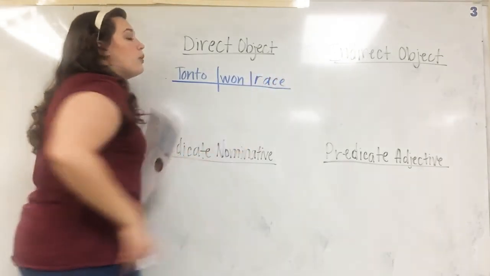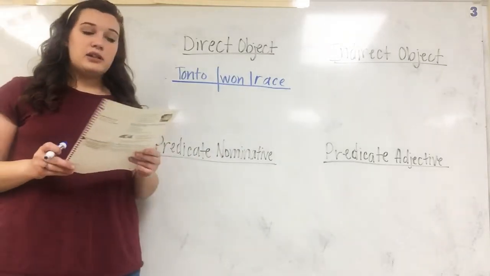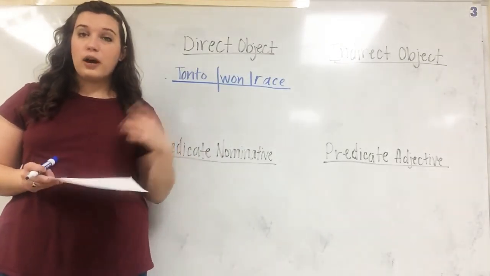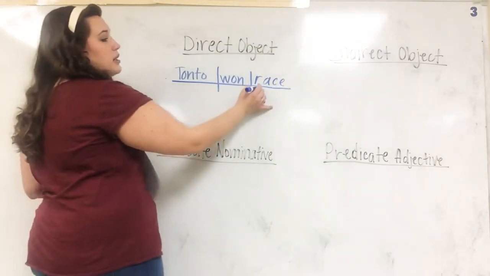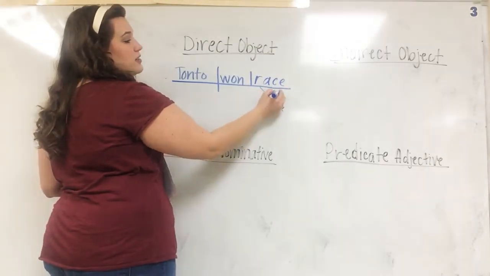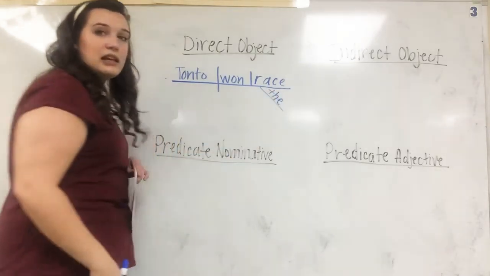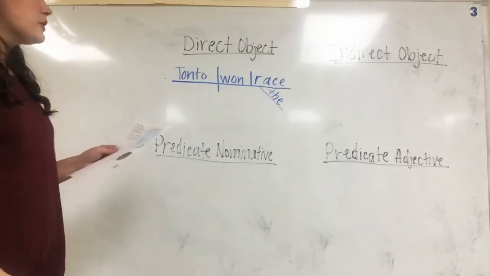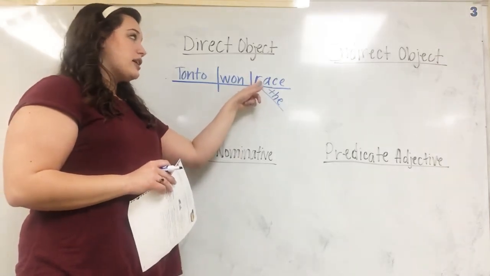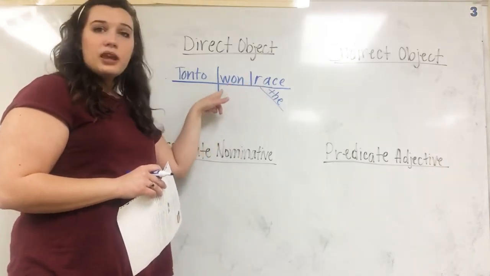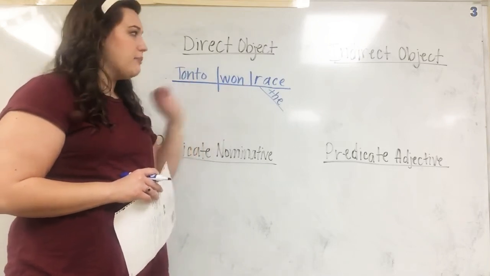Okay? Tonto won the race. Now we still have the word the, and that acts as what? It acts as an adjective for race. Which race? The race. So if you remember, adjectives get that slanty line just like that. Okay? Pretty basic. So all you need to know is race, the direct object is, it comes right after the predicate on the line. Okay?